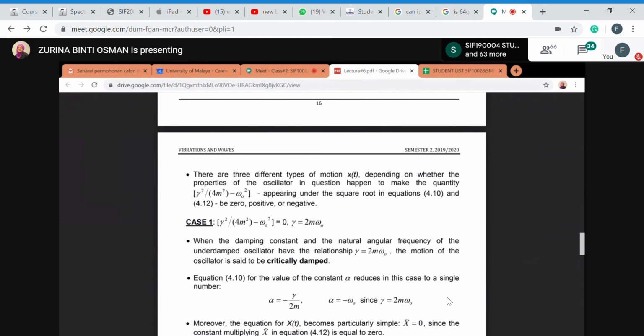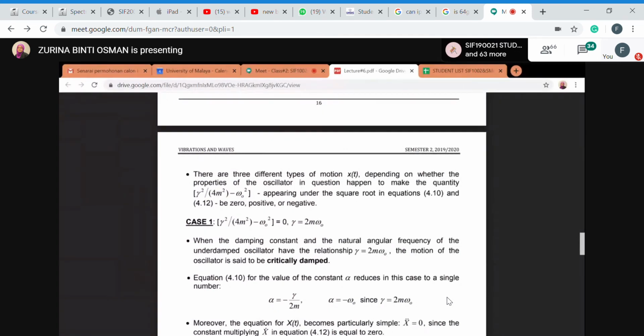If you put it another way, it will be different. For equal, it is critically damped; when gamma is greater than 2m omega naught, it is over damped; and if less than, it is under damped. So please remember gamma on the left and 2m omega naught on the right.